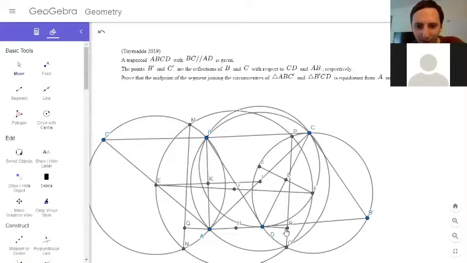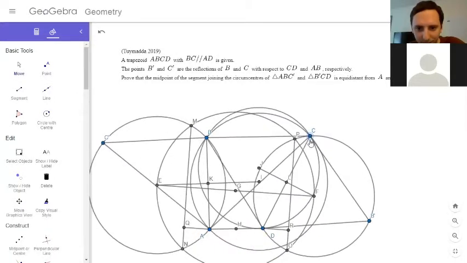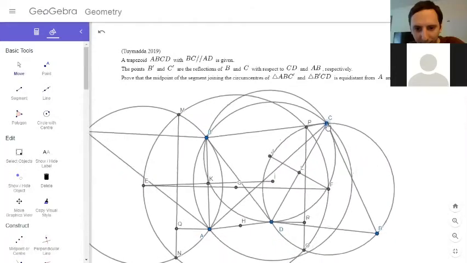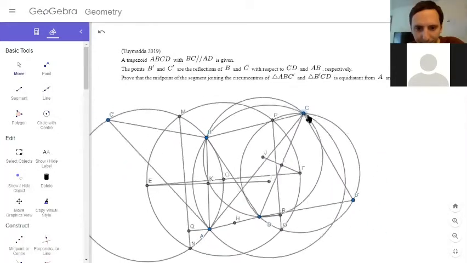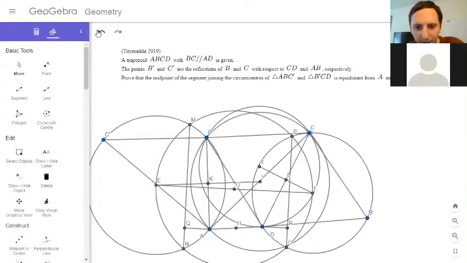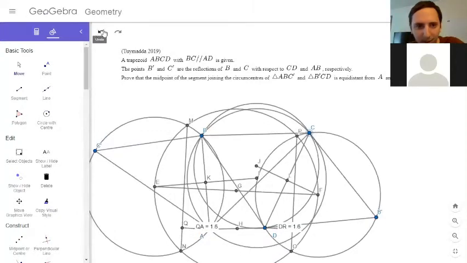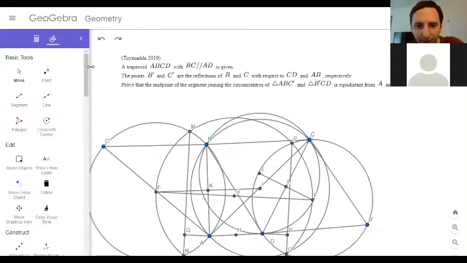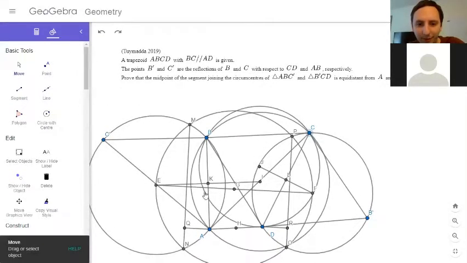And it looks like MN is parallel to OP. Let's see. So I think, is it obvious that MN is parallel to OP? MN is perpendicular to EF, and OP is also perpendicular.